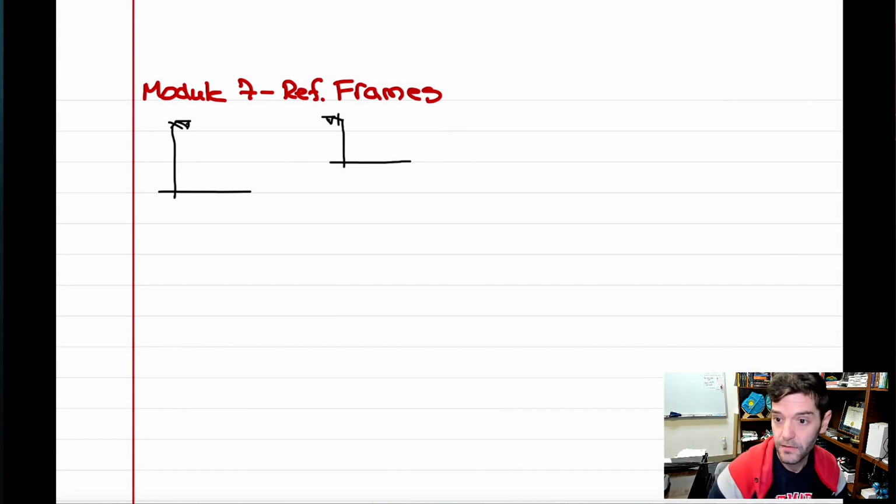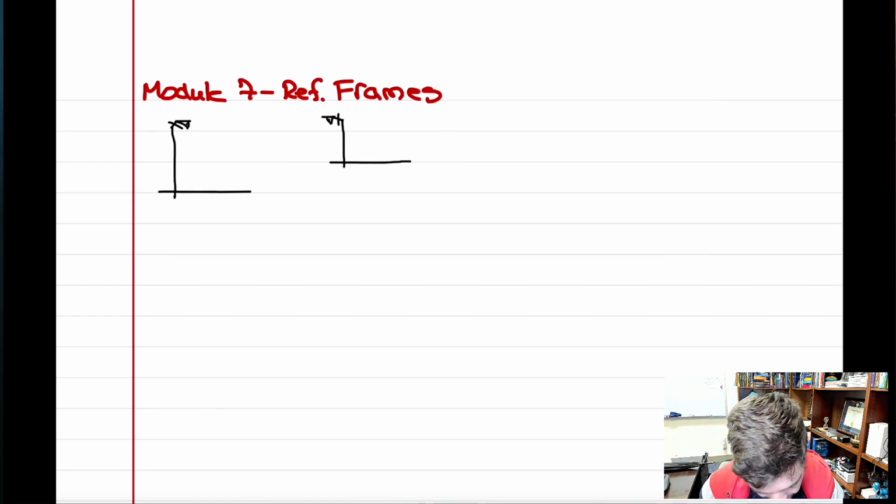So today I want to talk about reference frames. We've reviewed now vectors and the calculus of vectors and how vectors can be used to describe physical quantities about a system that are vector quantities like position, velocities, accelerations, whatnot. Those all originate from having some point P here that I want to identify.